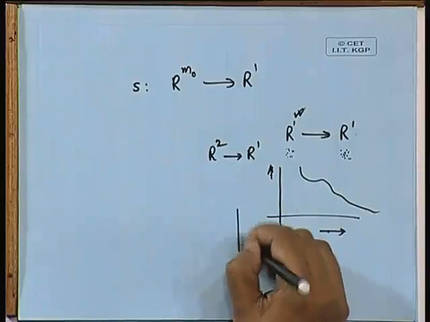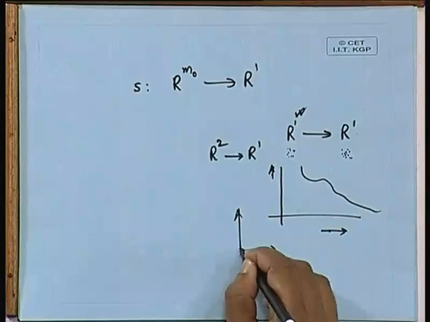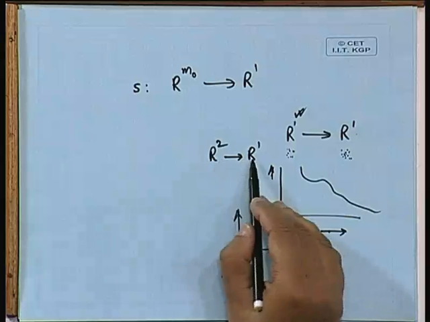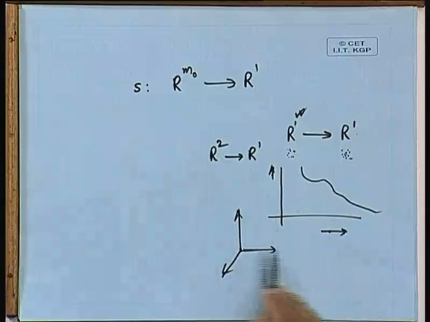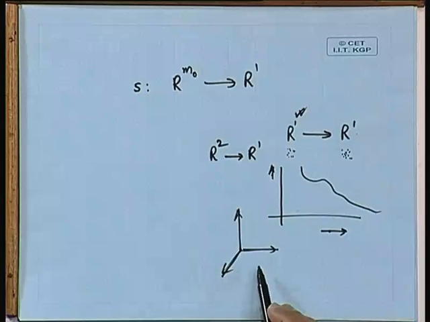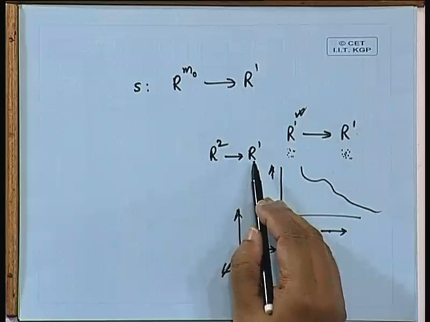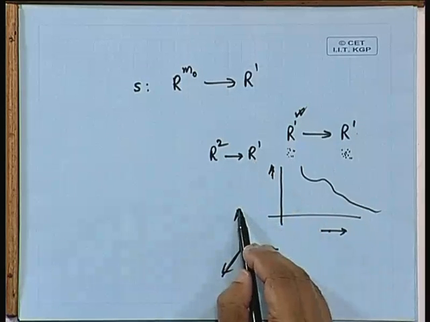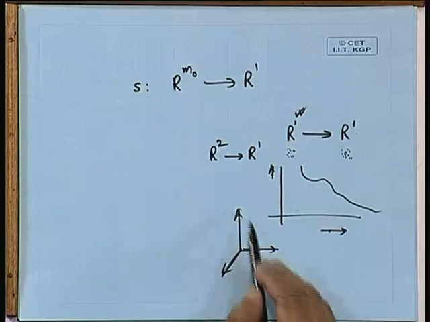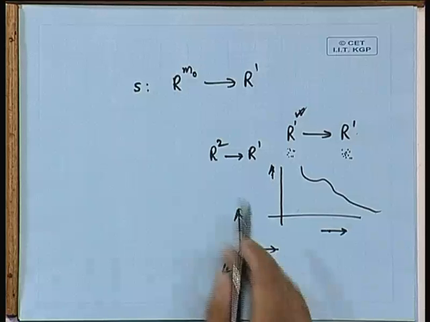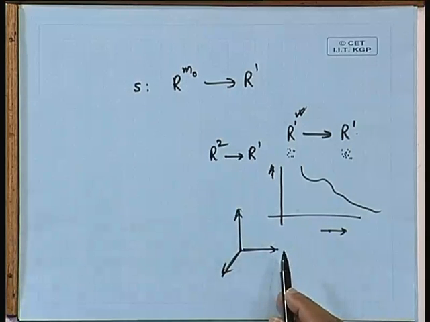How are you going to represent that problem? You are going to draw 3 axes like this, where the mapped values that you are getting we will be showing in the z axis, and the input space we will be showing in the x axis and y axis.